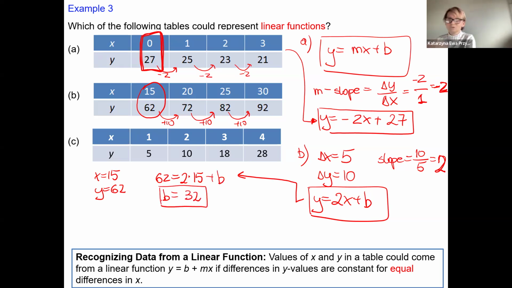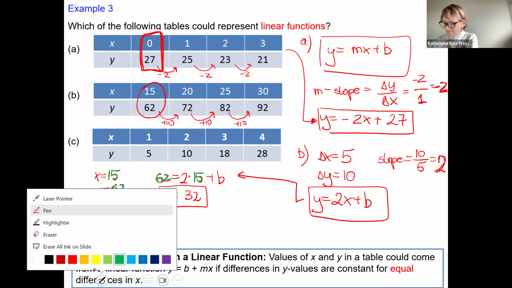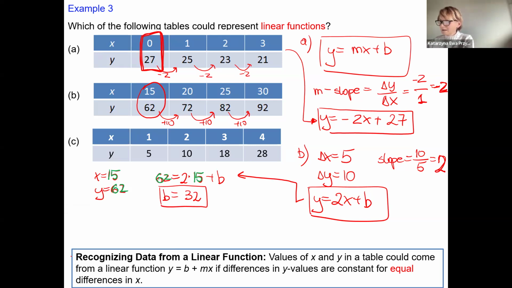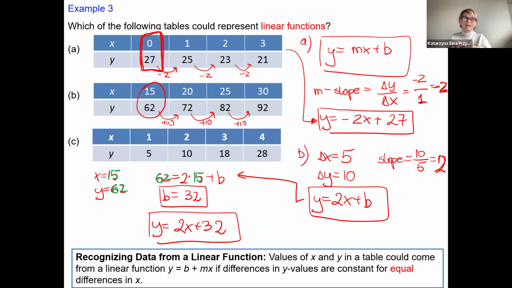It will be 32. So x is 15, y is 62. The final equation is 2x plus 32. Beautiful.